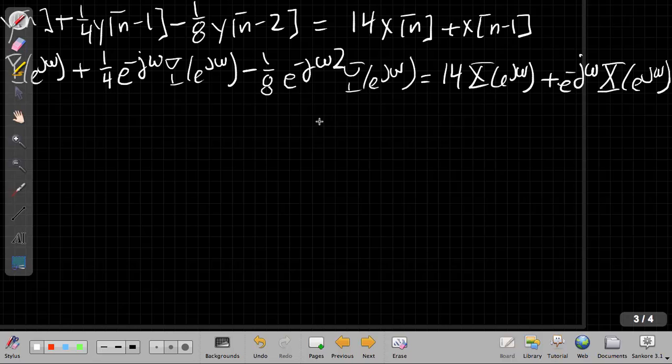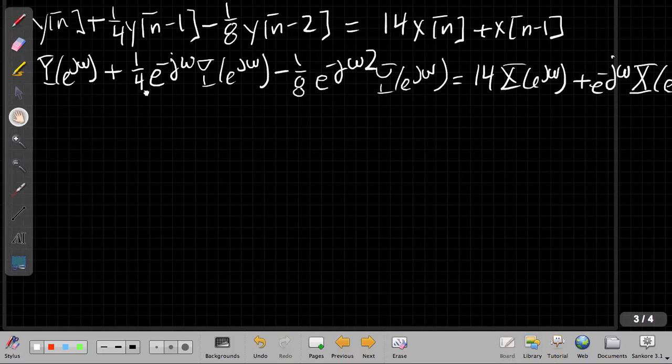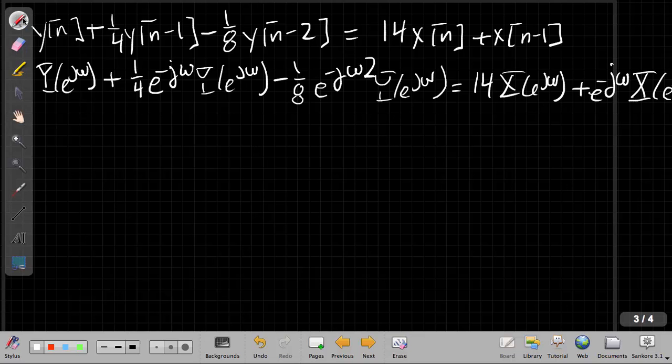The next step, again remembering where we are in my roadmap, is I want to solve for the ratio of y of e to the j omega to x of e to the j omega. So to do that, I need to factor the y out of all the terms on the left side and the x out of all the terms on the right side. And so when I do that, on this side, I'll get y of e to the j omega.